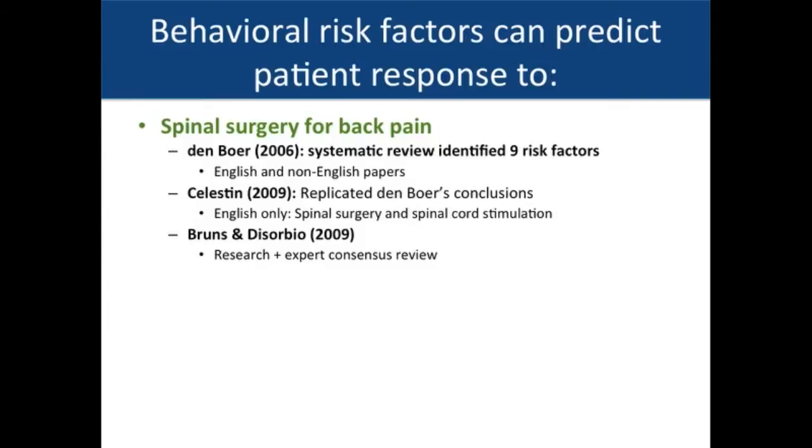This study was replicated in 2009 by Celestin and colleagues, who used a somewhat different method but came up with nearly identical results. Lastly, I was a co-author, along with Mark DeSorbio, of a study in 2009. In contrast to the Dunboer and Celestin studies, our study used not only systematic reviews, but also other studies and expert consensus studies as well. We'll talk more about this later in the presentation.